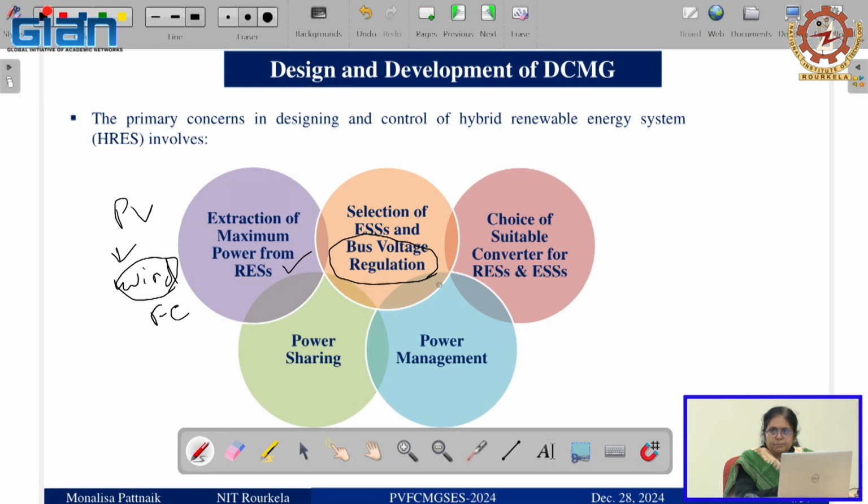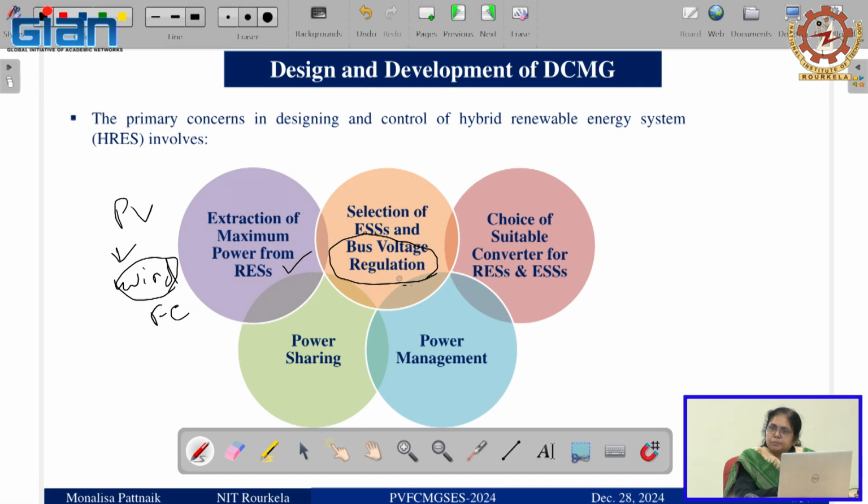You can say it as BESS. Sometimes I'll be using BSU, all of which mean battery storage unit or battery energy storage system. Both are synonyms, so whichever word I use, you should be able to get it. Then what is the need of this?